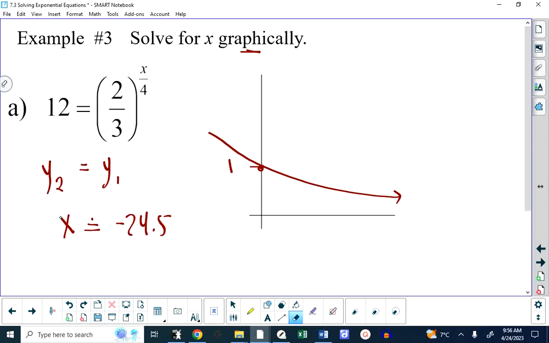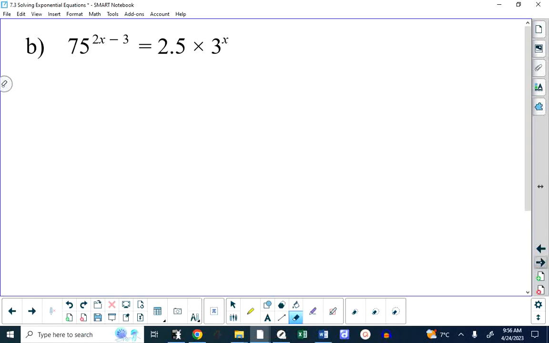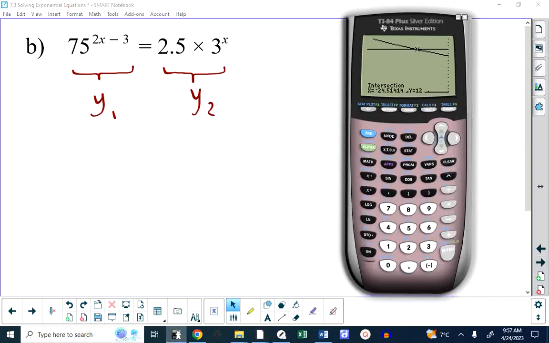Let's do one more of this type of thing. So the numbers are really big here. We have 75. Well, we're just going to do this as y1. We're going to do this as y2. And you know, this is kind of like trig in a sense.